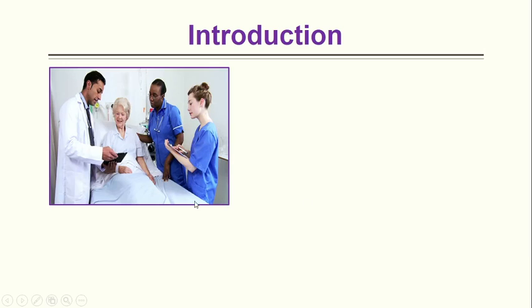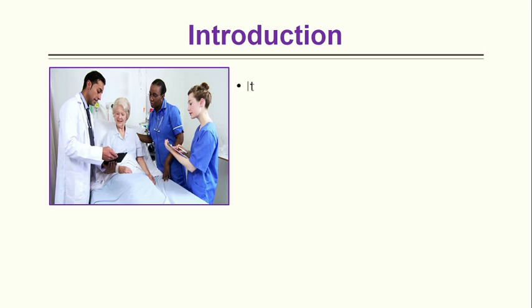You can see in this picture. Here is a clinical pharmacist who is advising the physician and nurses, as well as counseling the patient. So clinical pharmacy is related to the patient. It is nothing but a patient oriented service, whereas hospital pharmacy is a product oriented service.